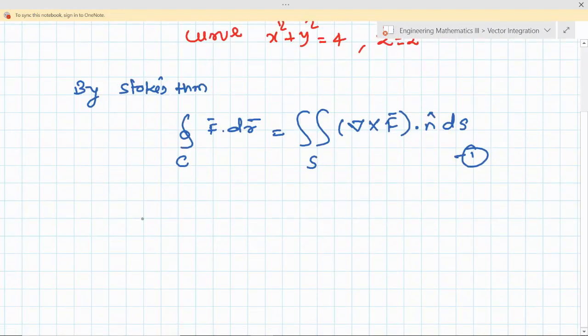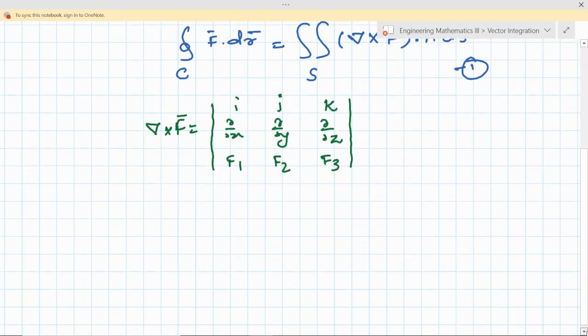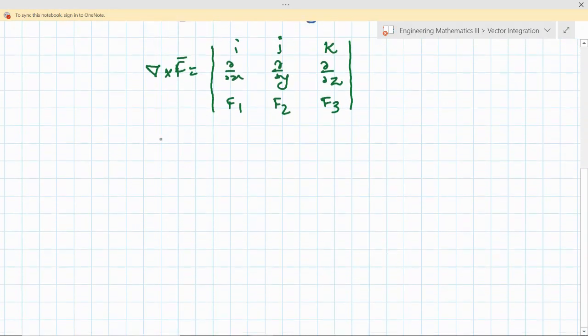Now what is del cross F bar? My del cross F bar is simply the determinant of i, j, k, partial by partial x, partial by partial y, partial by partial z, then F1, F2 and F3. Determinant complete. Now substitute the values.